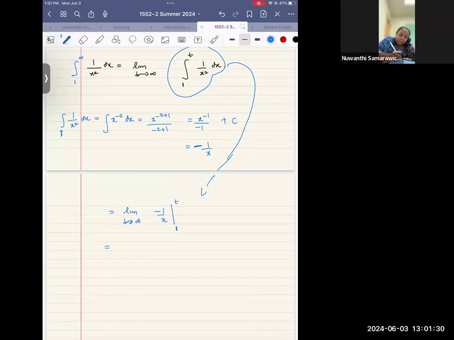Just substitute: this is -1 over t minus -1 over 1. So the limit as t goes to infinity of -1 over t plus 1.